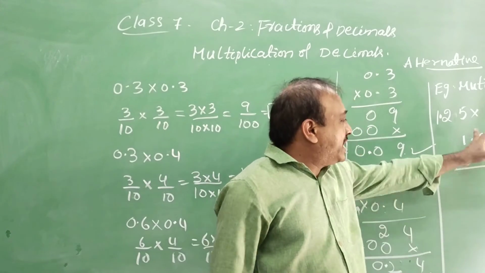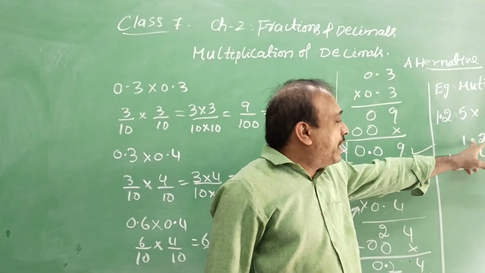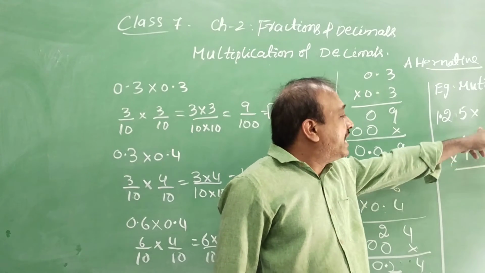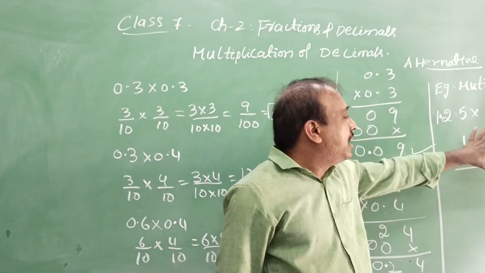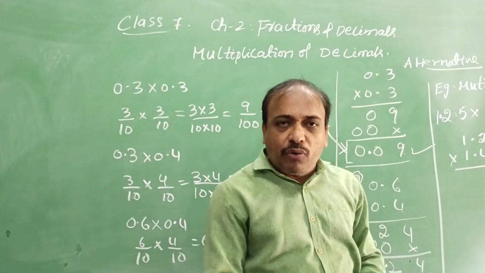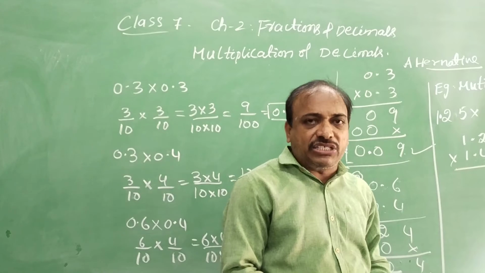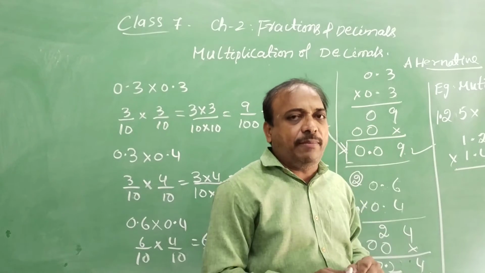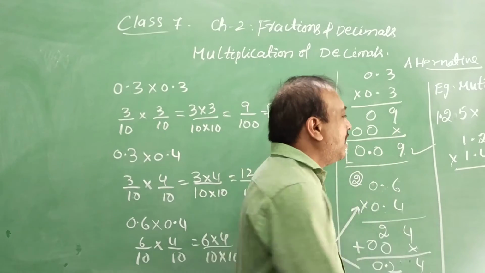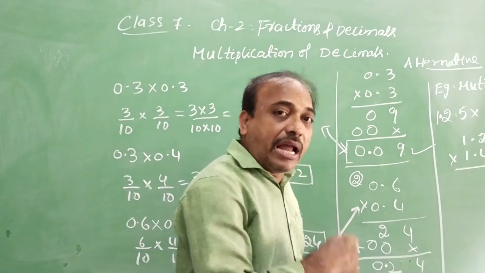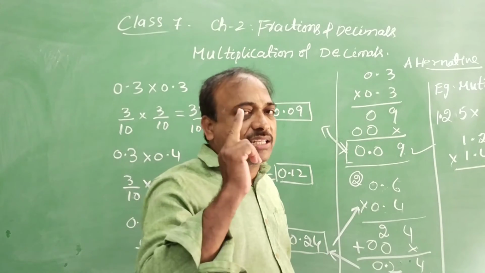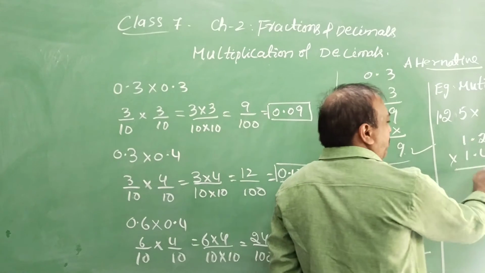How to write? You just place according to the ones place and tenths place. First you arrange. Normal multiplication, how do you do? Ignore the decimal and write. If you want, you can convert into like decimals. Now ignore the decimal point and multiply them as whole numbers.